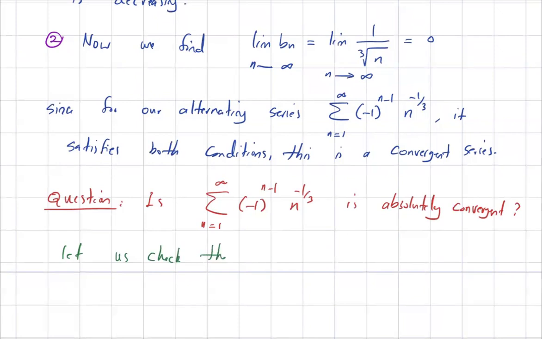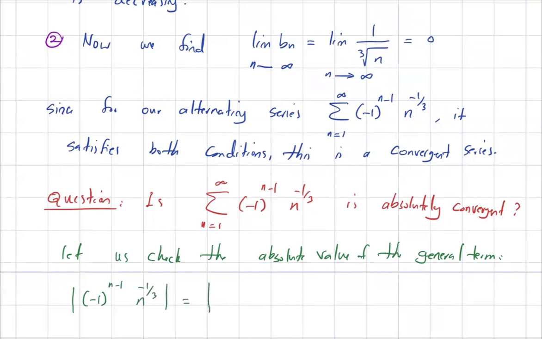Check the absolute value of the general term. The absolute value of -1 to power n minus 1 n to power negative a third is basically the absolute value of n to power negative a third.